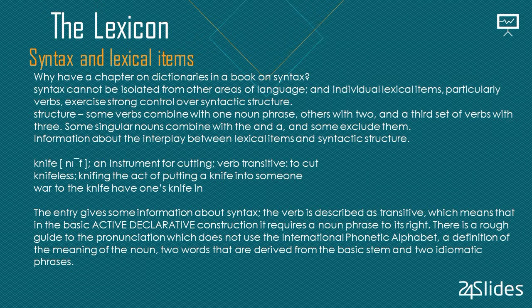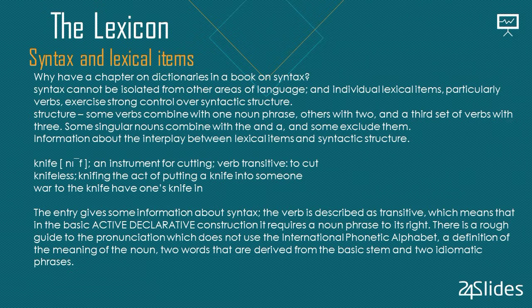The example, knife: an instrument for cutting. Verb, transitive, to cut. Knifeless. Knifing, the act of putting a knife into someone. Where to the knife, have one's knife in. The entry gives some information about syntax.